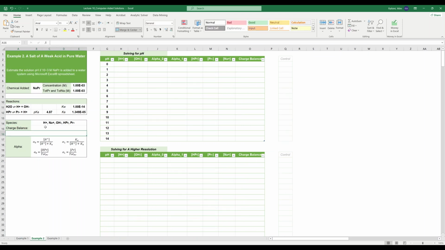The charge balance this time would be: the concentration of all the positively charged species is equal to all the negatively charged species, OH minus plus PR minus.